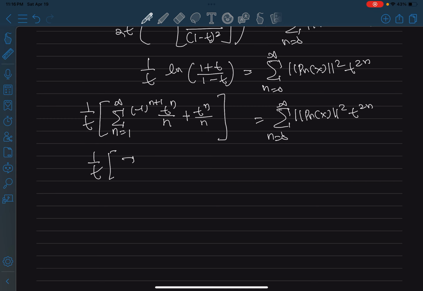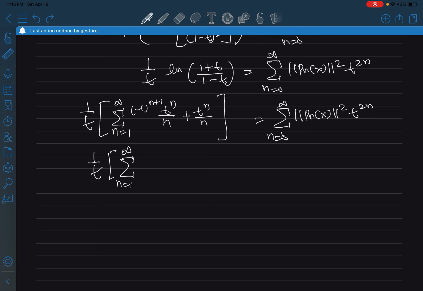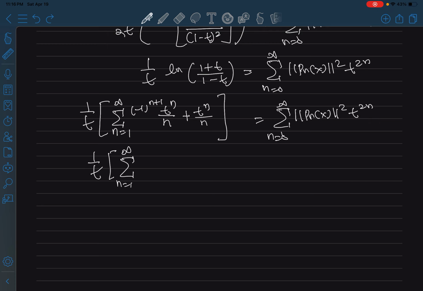So we only need odd n, and only then it doesn't cancel out, and there are two terms which will add up. Because for odd n, this is even, and this just goes to 1, and they add up. That will be 2 times t to the power 2n minus 1.